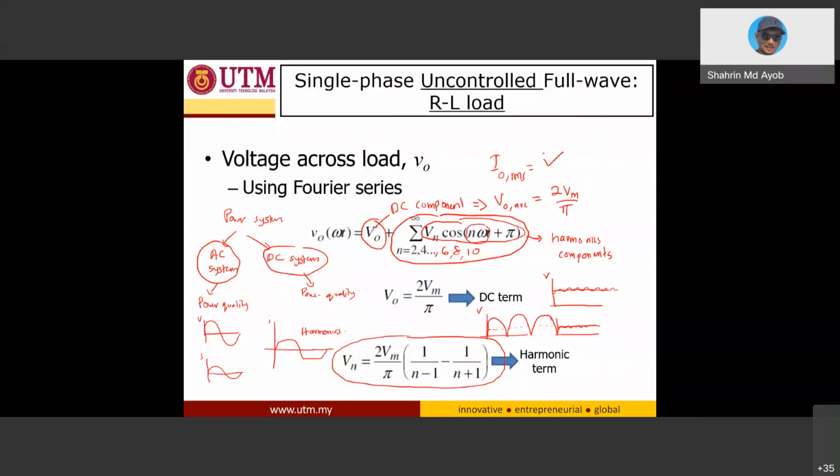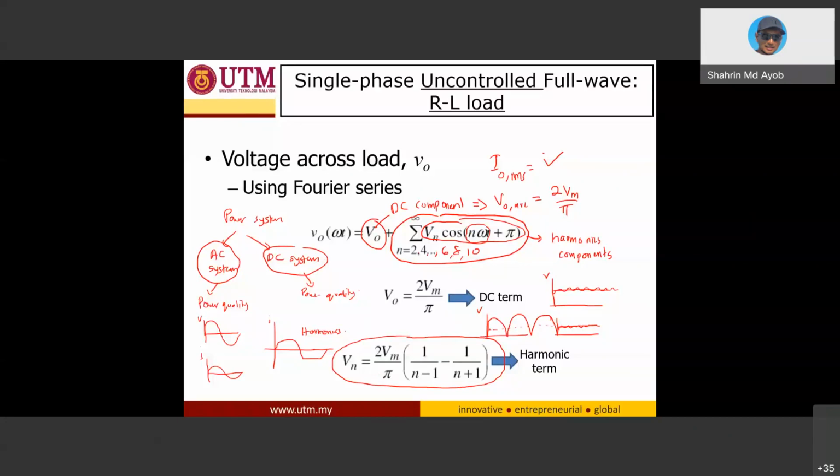So we have a variation of frequency and also a variation of the magnitude. I hope you understand the Fourier series for the DC system.